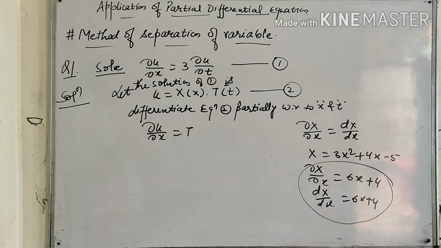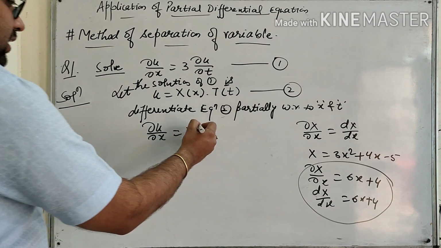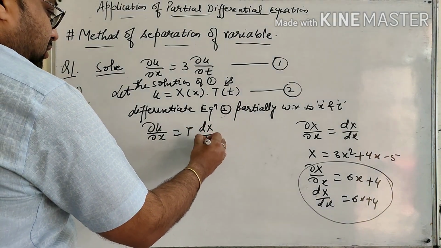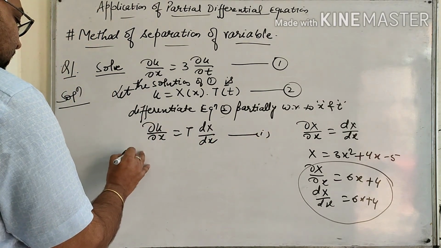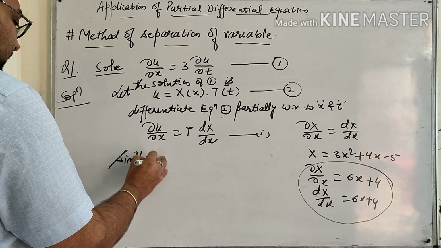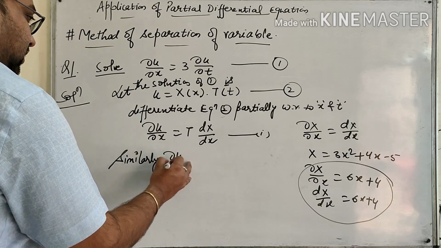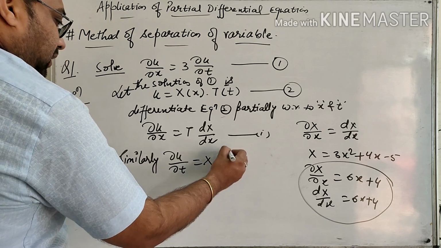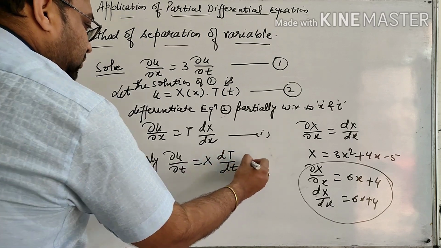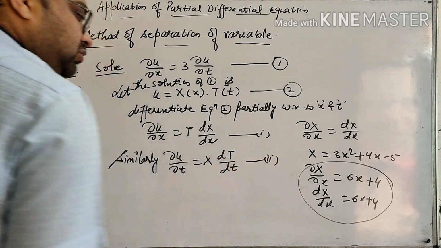So we can write it as d capital X upon d small x. Let it be first. Similarly, when we differentiate partially with respect to small t, we get X times d capital T upon d small t. Let it be second.